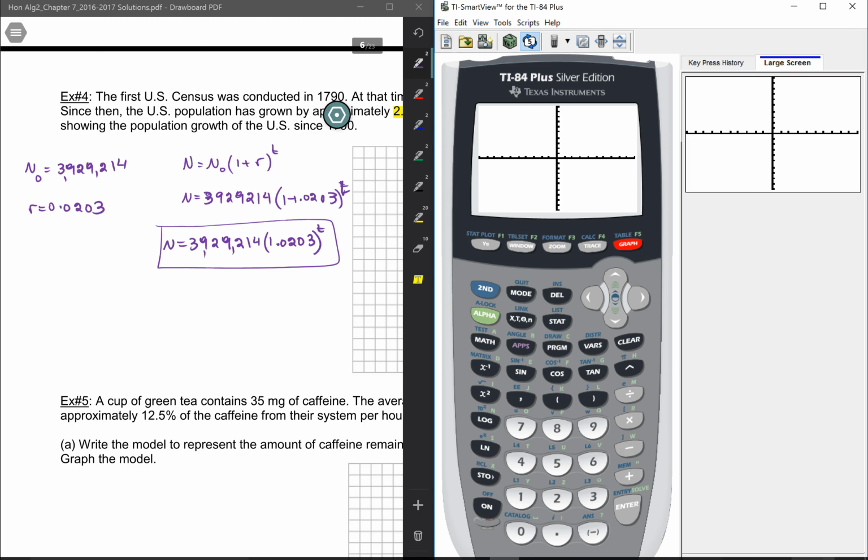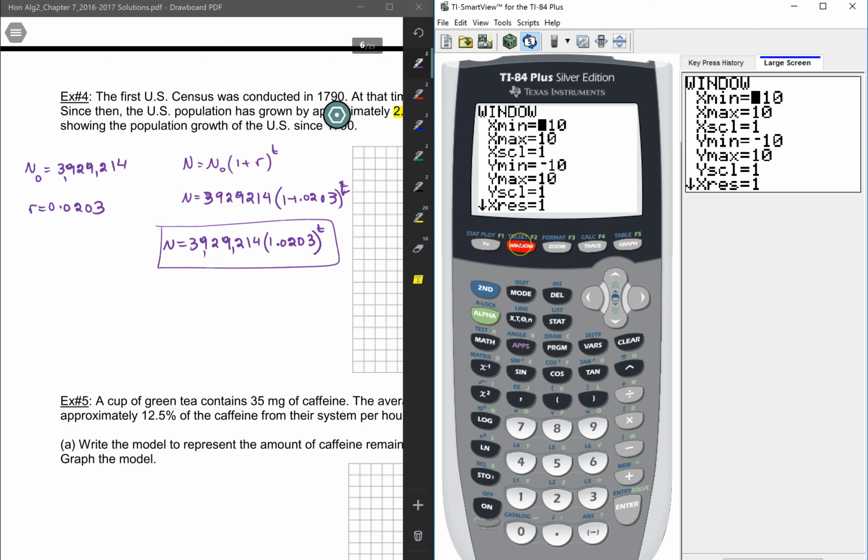So what are the variables in the equation? N and T. Which one of those is the independent variable that goes on the x-axis? It's T, right? So the x-axis is T, and the y-axis is N, and N is the population, right? Where does the population start? At 3 million, blah, blah, blah.